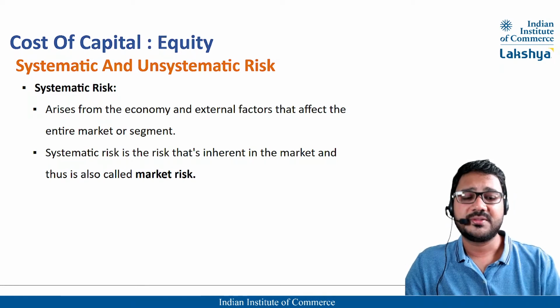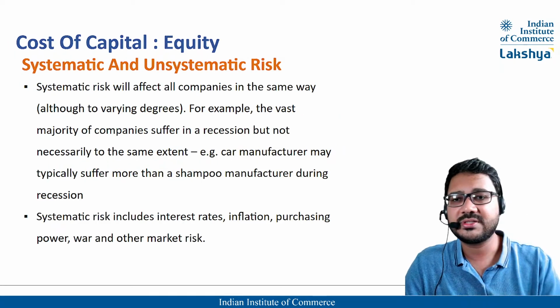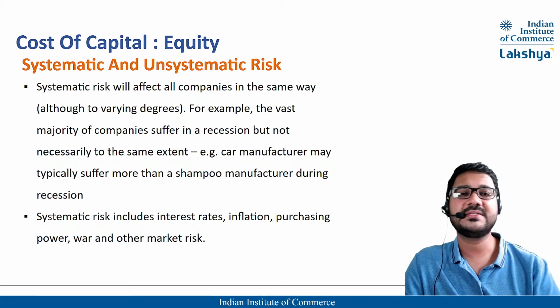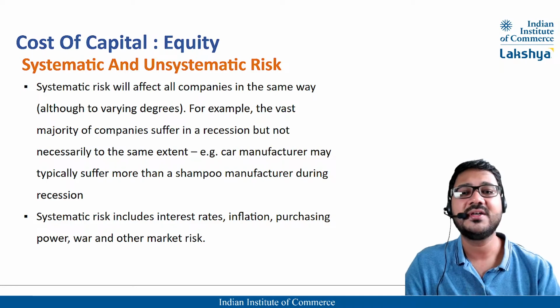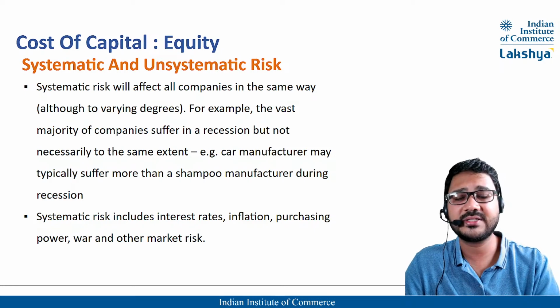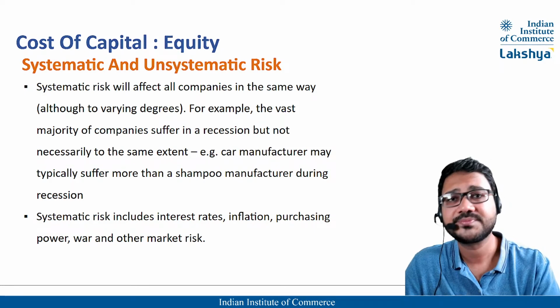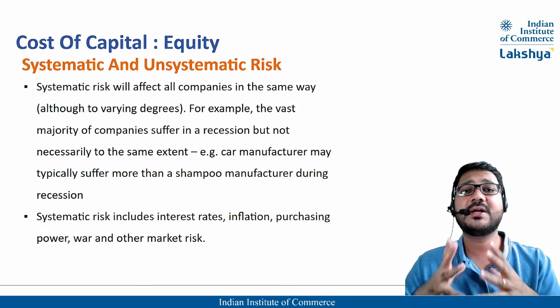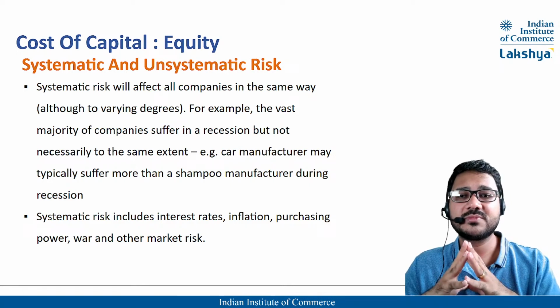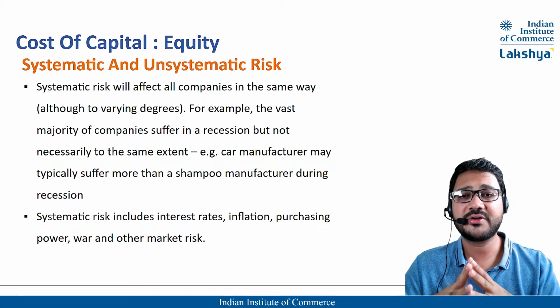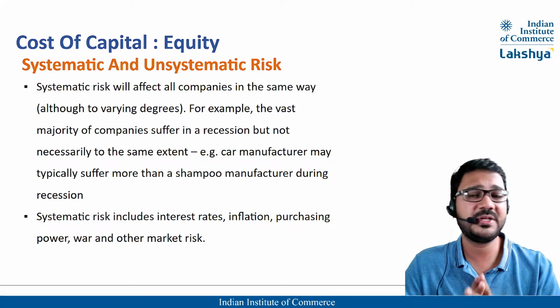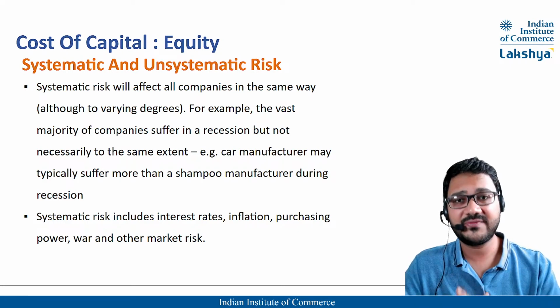Now, systematic risk will affect all companies in the same way, although to a varying degree. For example, a vast majority of companies suffer in a recession, but not necessarily to the same extent. Another example is during Corona, not all companies suffered equally. An automobile company or a real estate company had a very tough time.